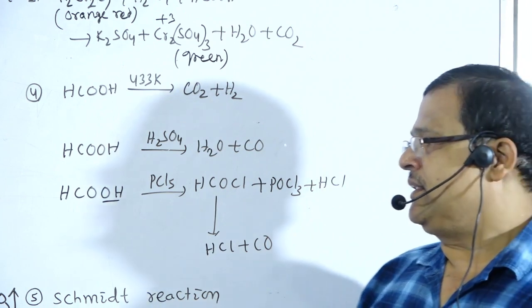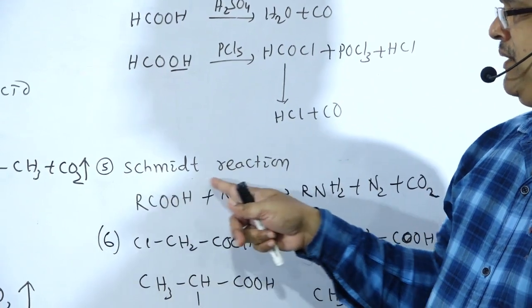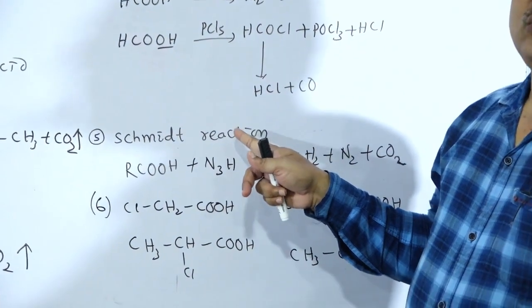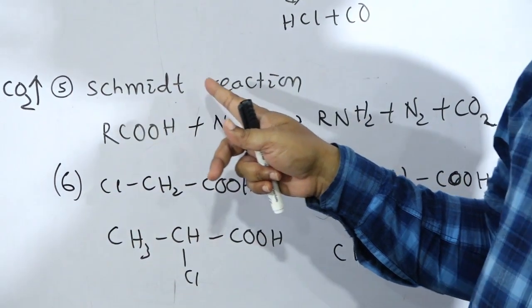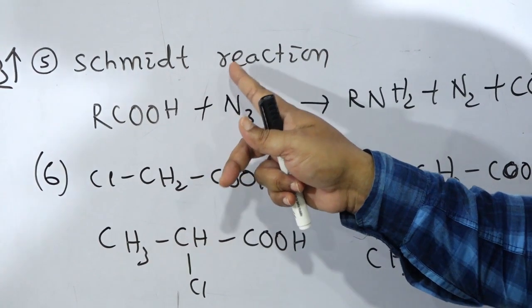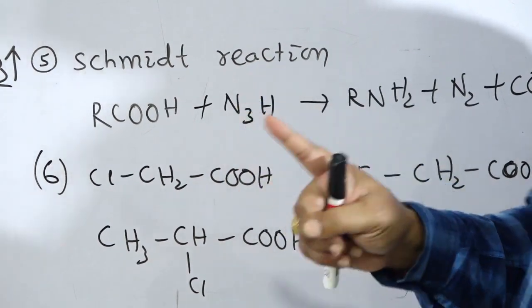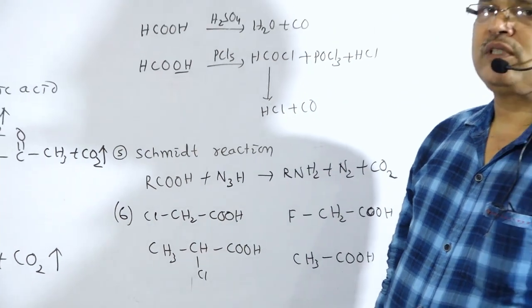Next one, what is the Schmidt reaction? This is one of the important methods for the preparation of aliphatic amines with one carbon atom less than the carboxylic acid.